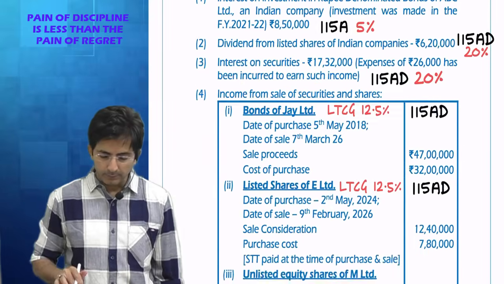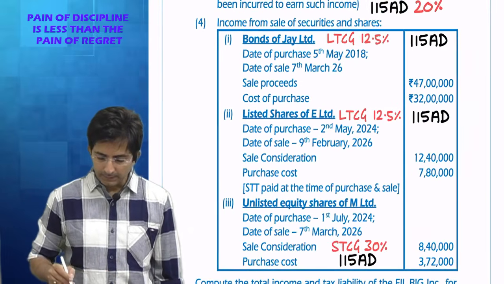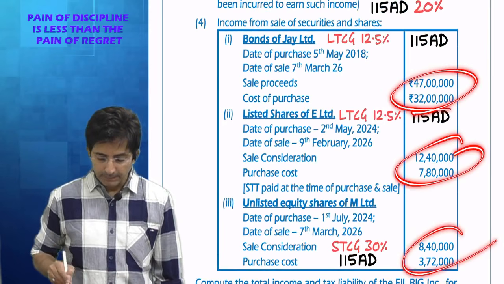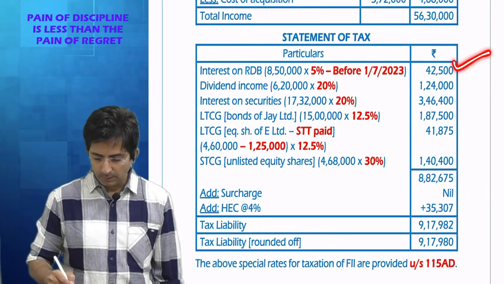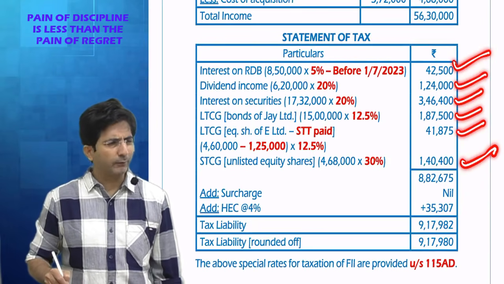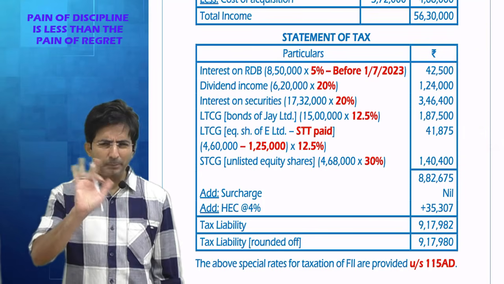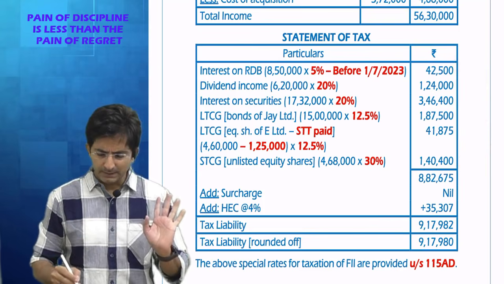And how many incomes were there in the question? 1, 2, 3 and these 3 capital gains. 6 incomes were there. So see, 6 taxes: 1, 2, 3, 4, 5, 6. Just count and verify. I will not repeat the explanation because I have done all of it. Just see the answer.